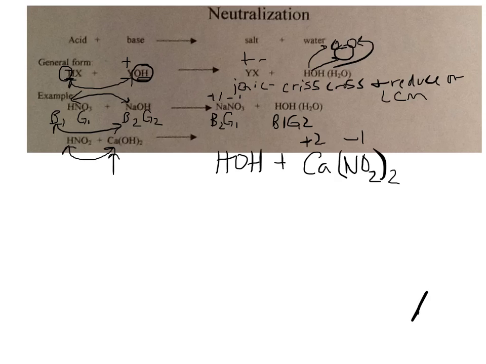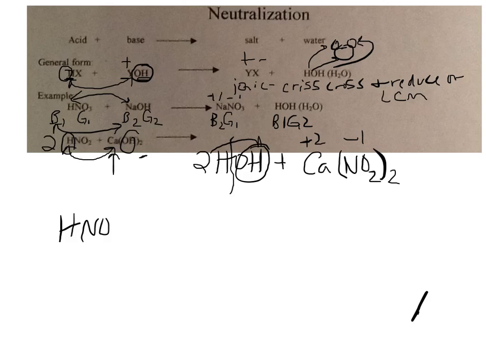Okay. And I do have to balance my equations, so I have two NO2s, so I need a 2 in front of the HNO2, and that'll give me 2 hydrogens, and I need 2 hydrogens, and again I'm balancing it, the first hydrogen with this, and then the OH group with this. And you'll see I have 2 OH groups here, and this 2 distributes here, so I have 2 OH.